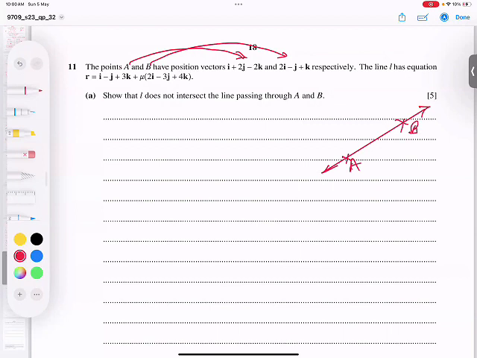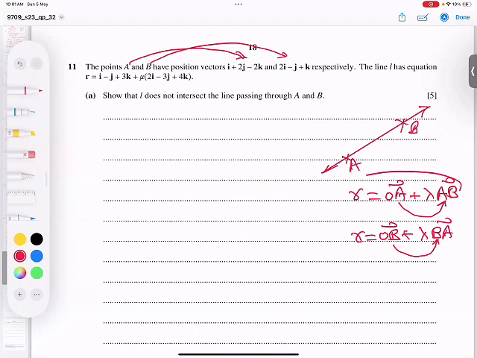Okay, I have two options. R is equal to OA plus lambda times AB, because make sure this A is always the same. Or second option, I write OB plus lambda times BA. A very important thing is B is starting, A ending. I can choose any one.